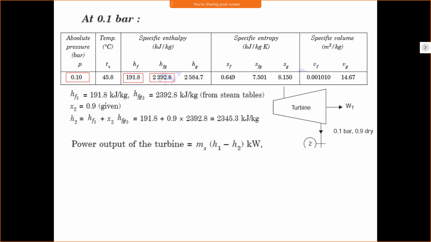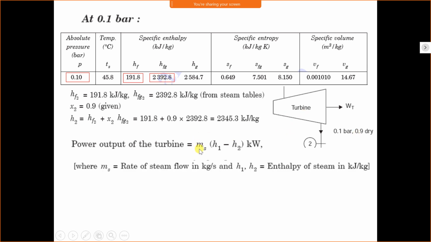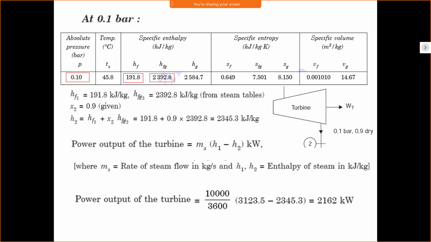But power output should always be in kilowatt, and the mass flow rate is given in kg per hour, 10,000 kg per hour. Therefore, we divide it by 3600 to convert into kg per second. When we multiply kg per second with kilojoule, we get kilowatt. Here H1 is the enthalpy at point 1 and this is enthalpy H2.